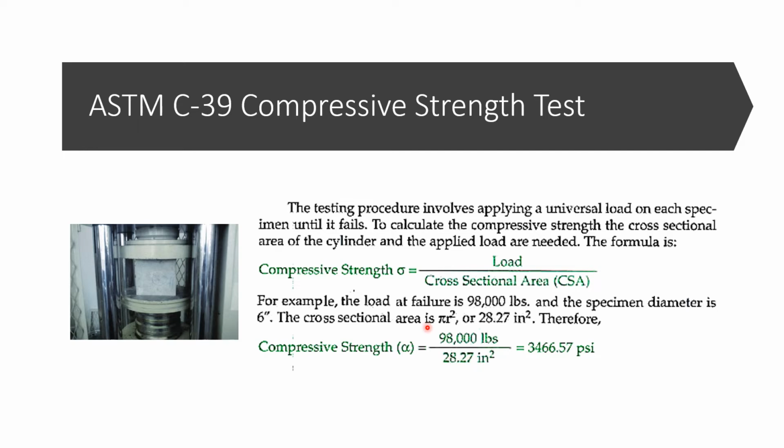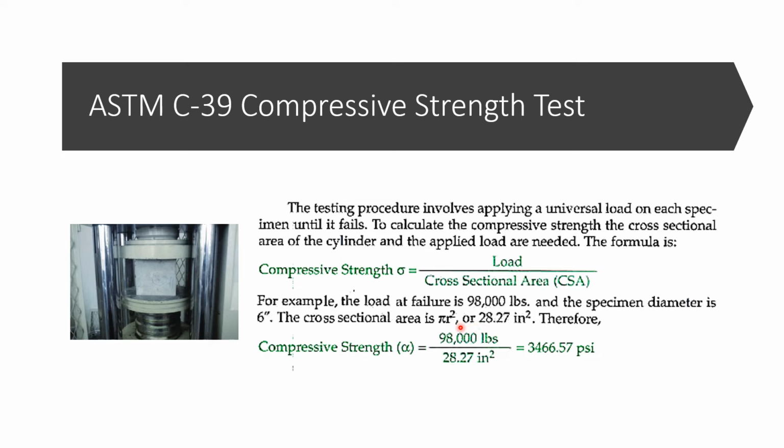Here is an example of how to calculate it, and the load is given as 98,000 pounds. We're going to put it into the equation, so 98,000 pounds. The specimen diameter is 6 inches, so that's the diameter, but we need the area. The cross-sectional area is pi r squared.